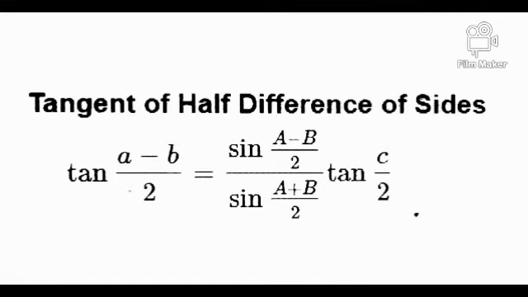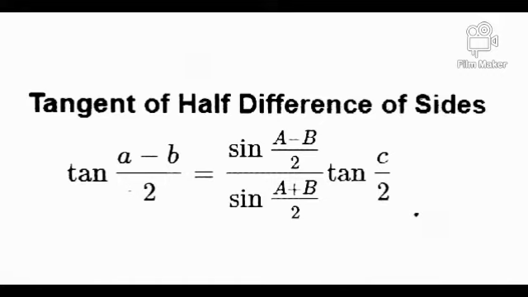This will give us the second equation of the four Napier's analogies. It's called the tangent of half the difference of two sides. Earlier we have the tangent of half the sum of two sides.